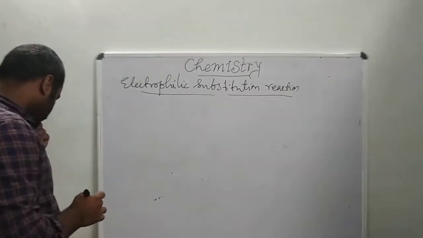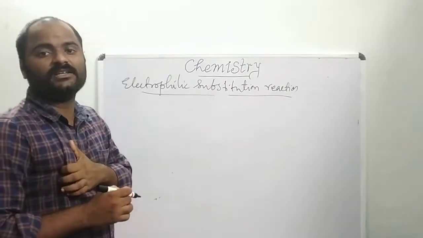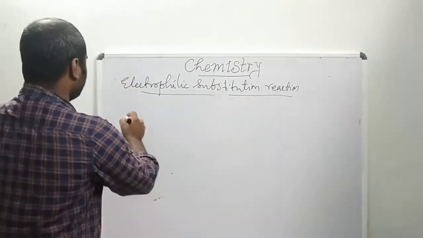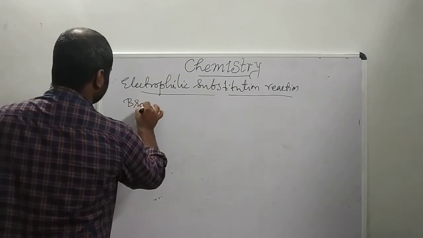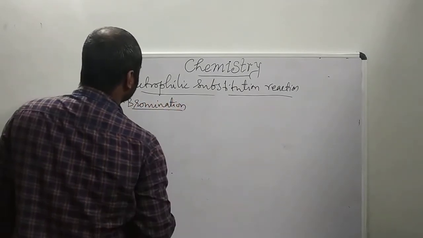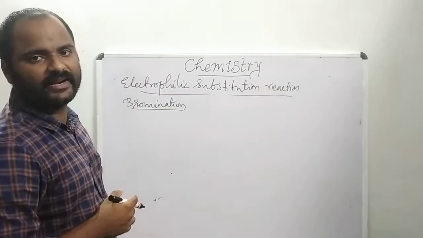First we will discuss bromination. Bromination is the substitution of any group by bromine.